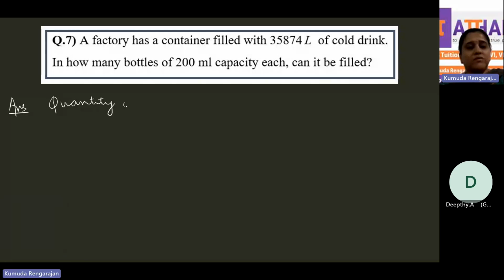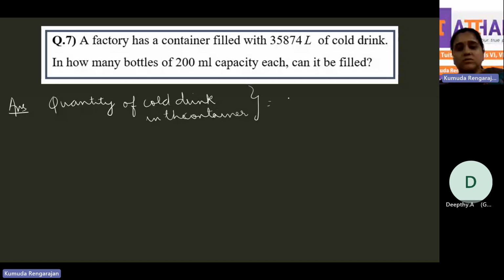Quantity of cold drink in the container is equal to 35,874 liters. That is equal to 35,874 into 1000 milliliters.